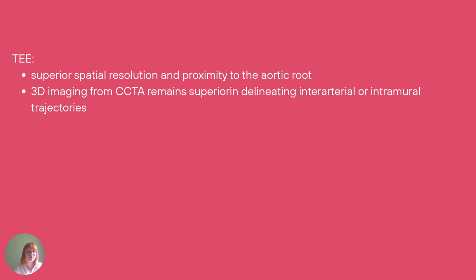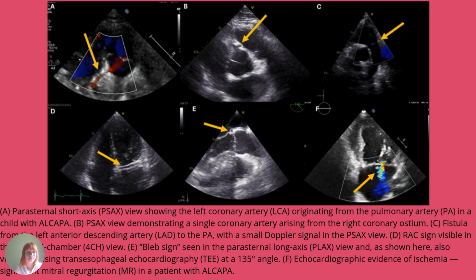It has superior spatial resolution and it's more proximal to the aortic root. However, CCTA remains superior in depicting the arteries and especially some specific trajectories like interarterial or intramural.